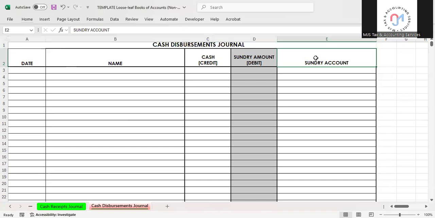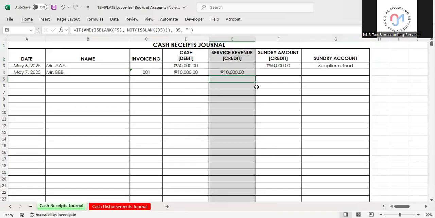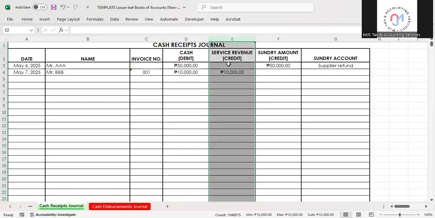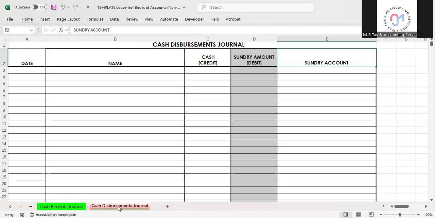Unlike the cash receipts journal wherein we have a fixed credit column, which is service revenue, here in the cash disbursements journal, we automatically included the sundry amount because we acknowledge that cash payments could vary.